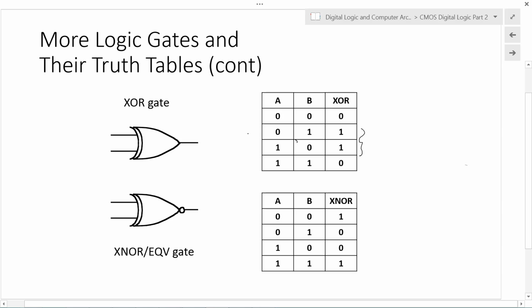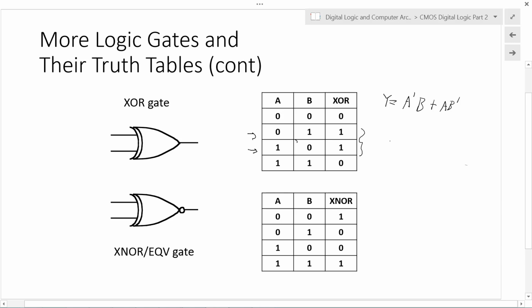A is equal to 0 and B is equal to 1, or A is equal to 1 and B is equal to 0. Two cases where the output is equal to 1. So we'll say Y equals A prime B, or Y equals A B prime.